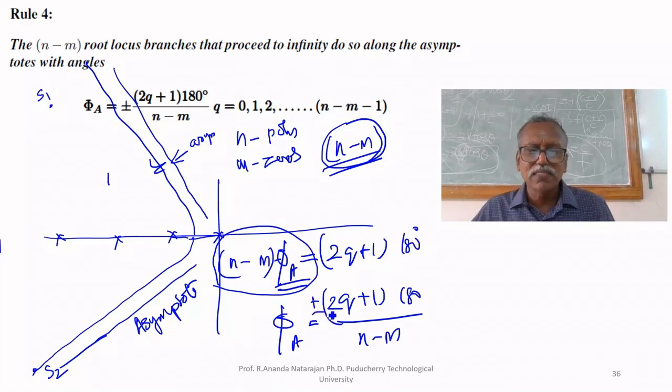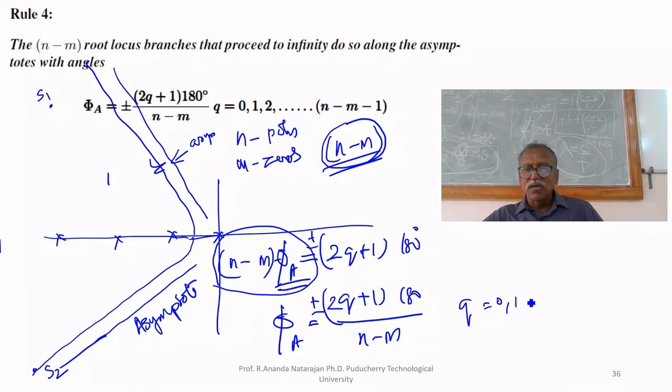As q varies 0, 1, 2, etc., you will get one phi a for 0, another phi a for 1, another phi a for 2. Like that, you will get n minus m angles.